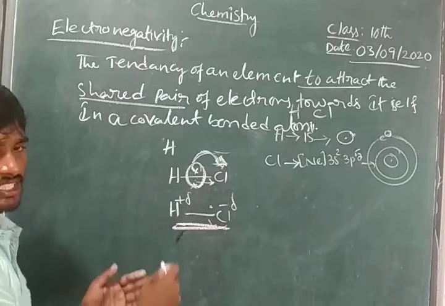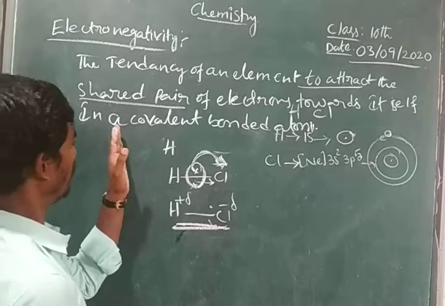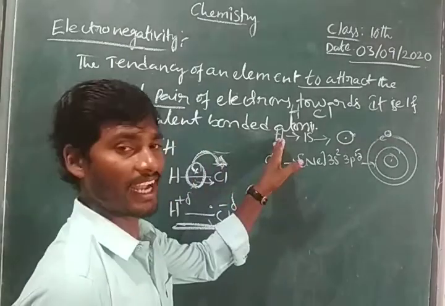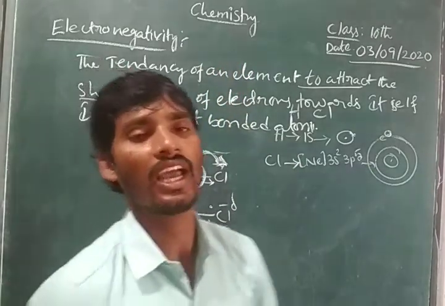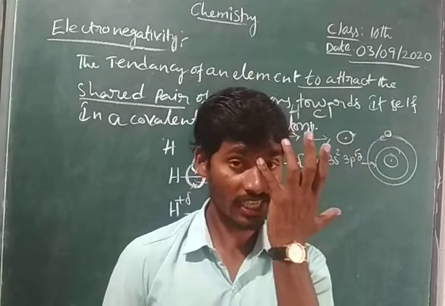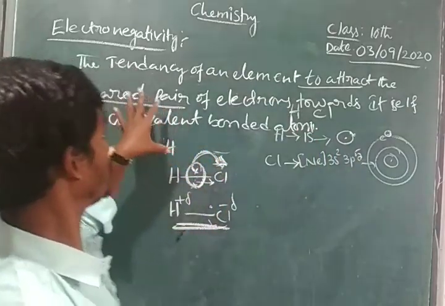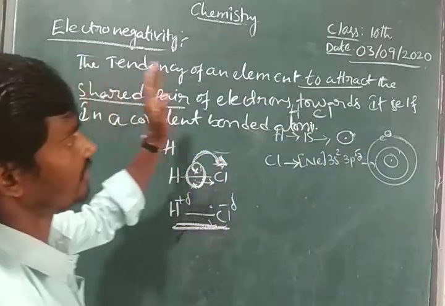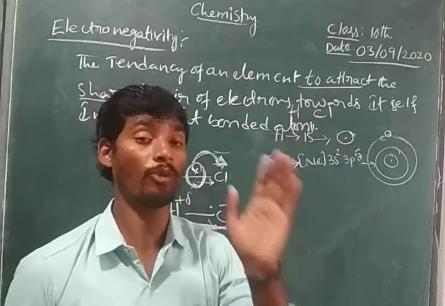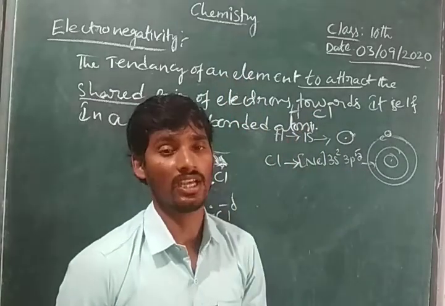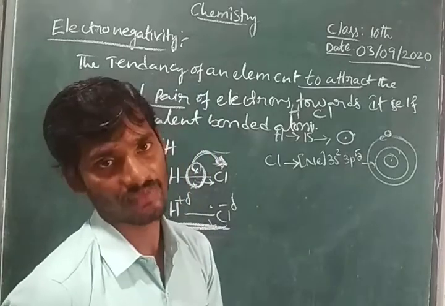So a covalent bonded atom is known as electronegativity. This is the definition of electronegativity: the tendency of an element to attract the shared pair of electrons towards itself in a covalent bonded atom is called electronegativity.